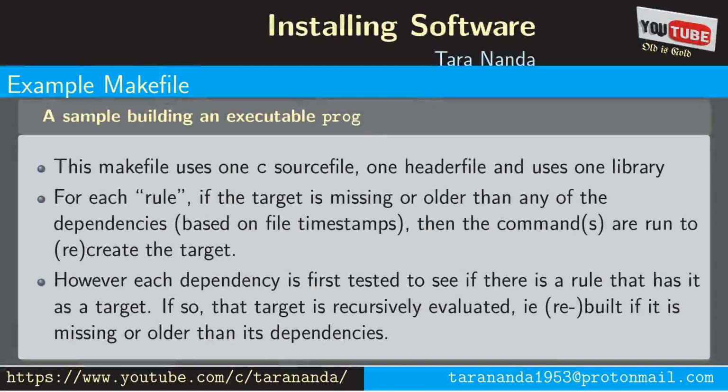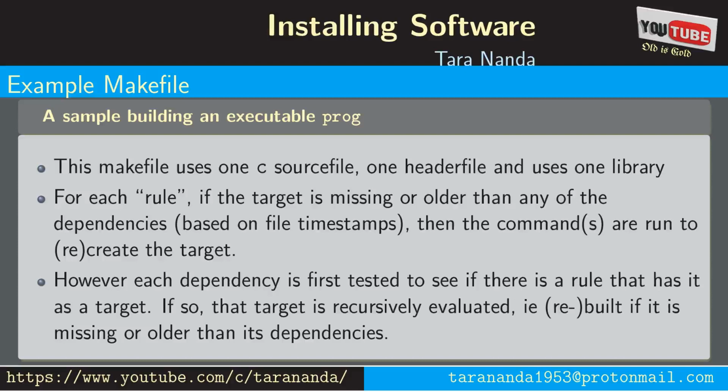As I had promised, I will discuss an example of a makefile. This makefile uses one C source file, one header file, and makes use of one library. For each rule, if the target is missing or older than any of the dependencies based on the file timestamps, then the command or commands are run to recreate the target.